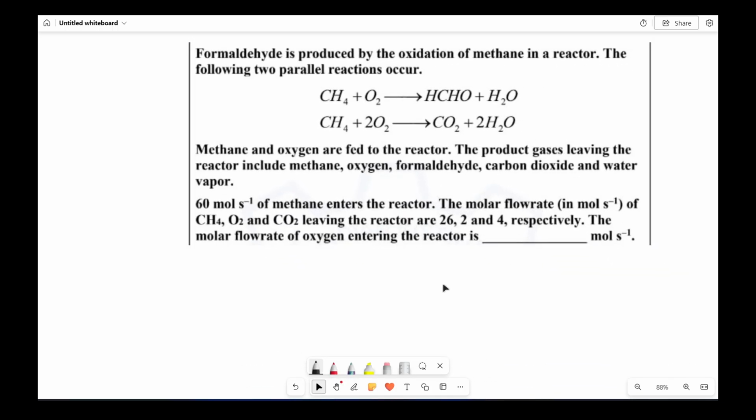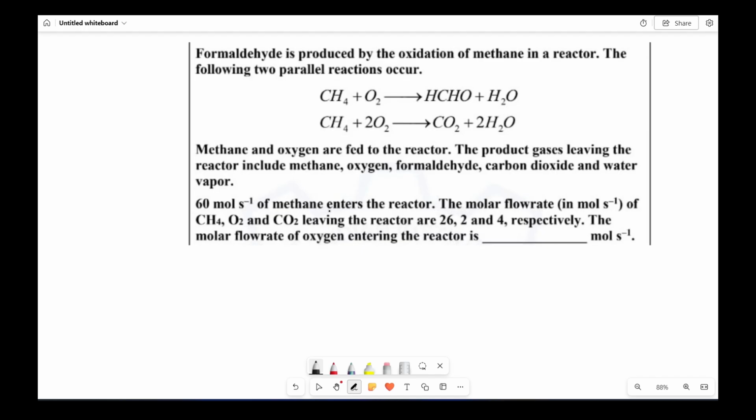Now, if you read this question, it says formaldehyde is produced by oxidation of methanol in a reactor. The product gas leaving the reactor contains methane and others. 60 mole per second methane enters the reactor.